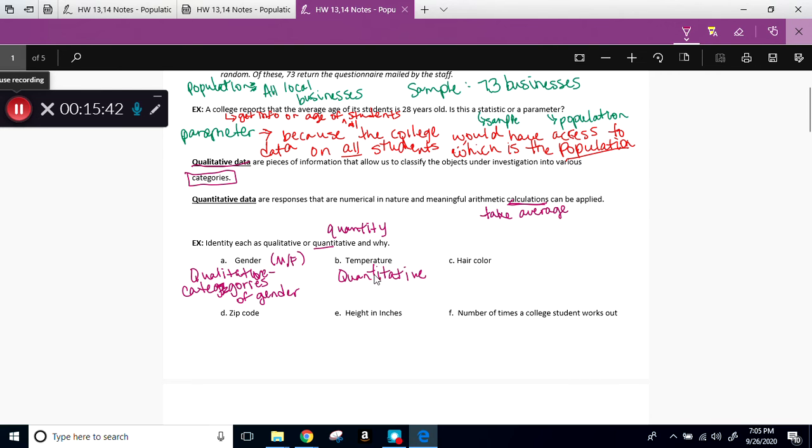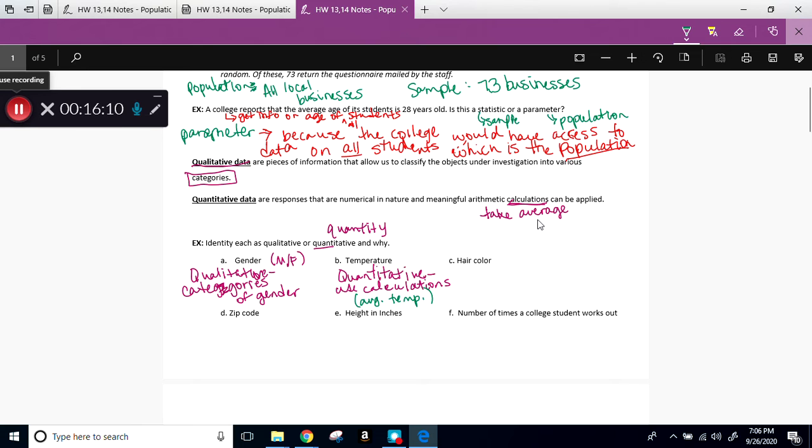Seems like I've said it wrong before, so I want to make sure. Because calculations can be found, or we can use calculations on that. How much hotter was it this day than that day? Can we find the average? We can find the average temp, and that's a huge thing.